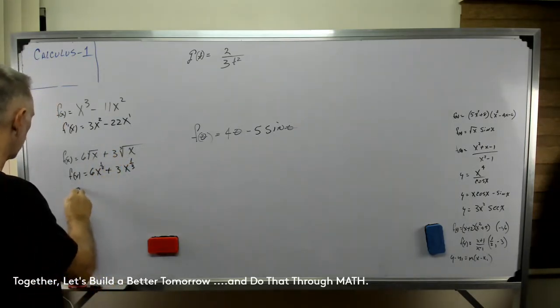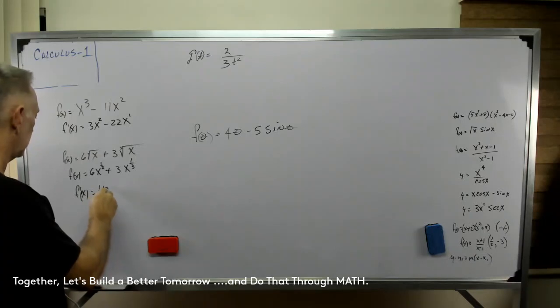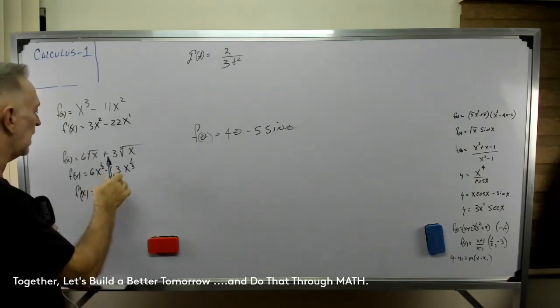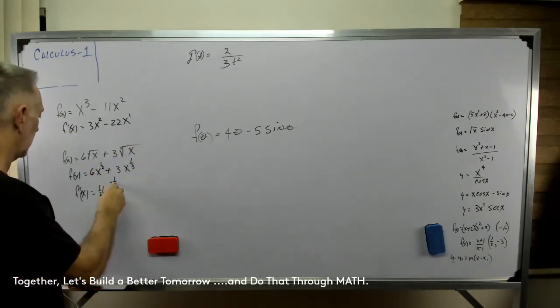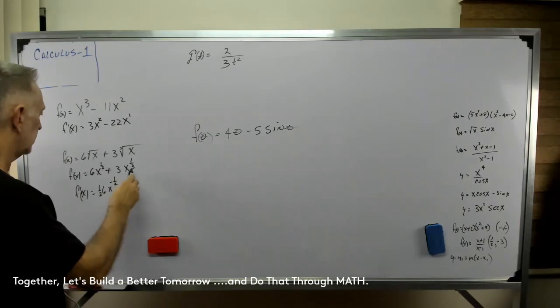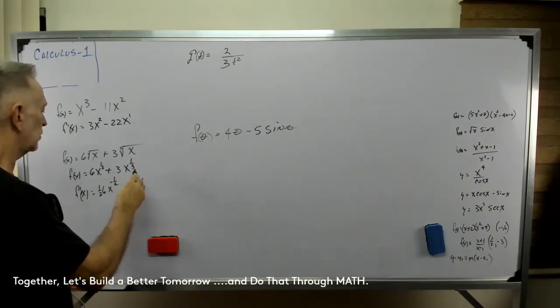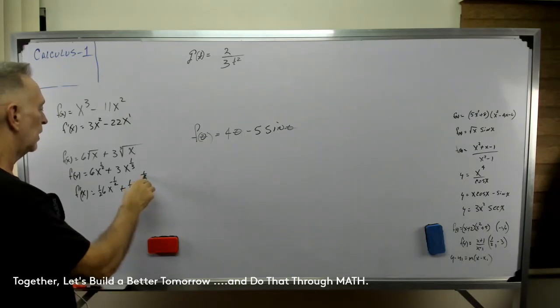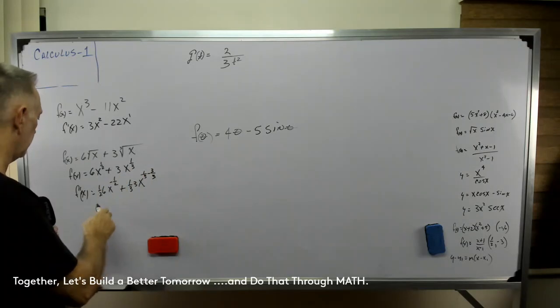All right, now f prime of x equals, bring the 1/2 times 6, x to the 1/2 minus 1, so it gives us a negative 1/2, plus, bring the 1/3 down, 1/3 times 3, x to the 1/3 minus 3/3, so that would be negative 2/3.